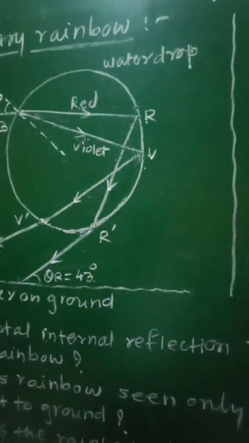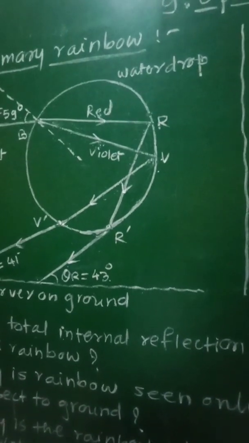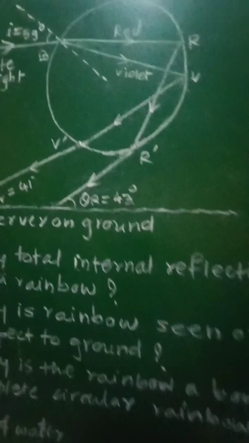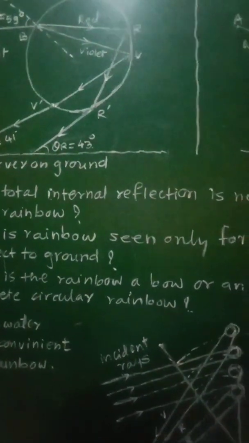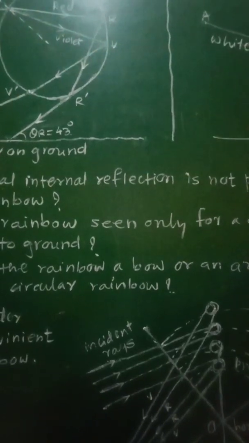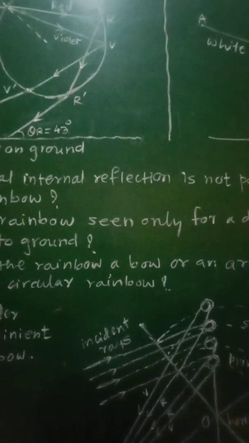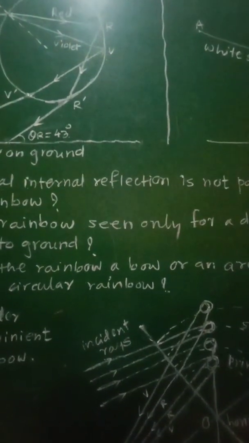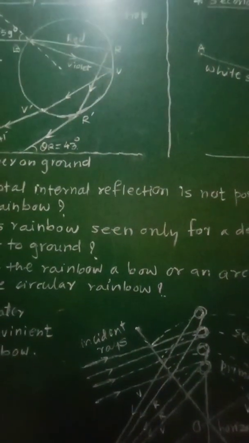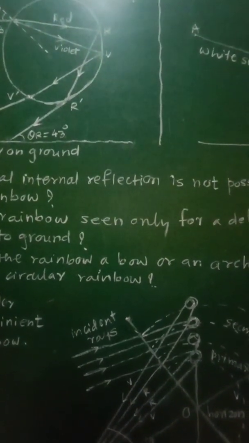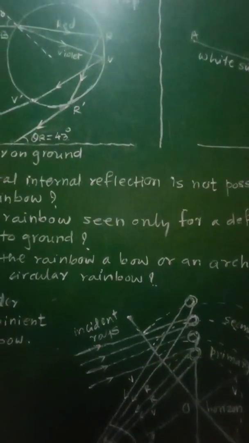That reflection may take place once or twice, but they will act as angle of incidence, and since the angles of refraction are less than the critical angle, we can say that the angles of incidence for this reflection are less than the critical angle, and hence there is no total internal reflection. So in case of rainbows, total internal reflection is not possible.